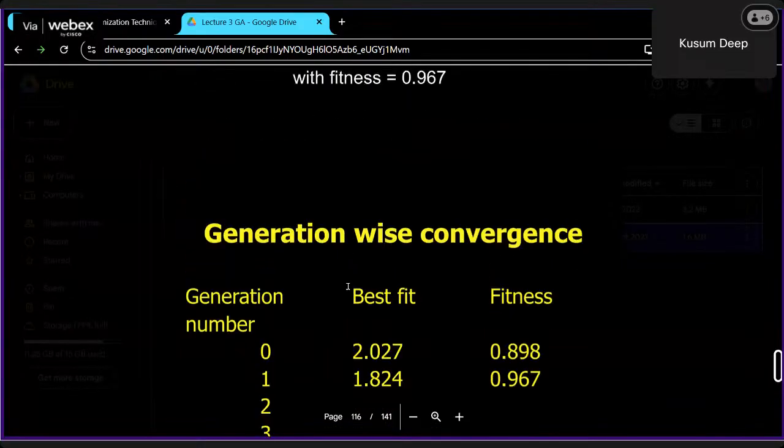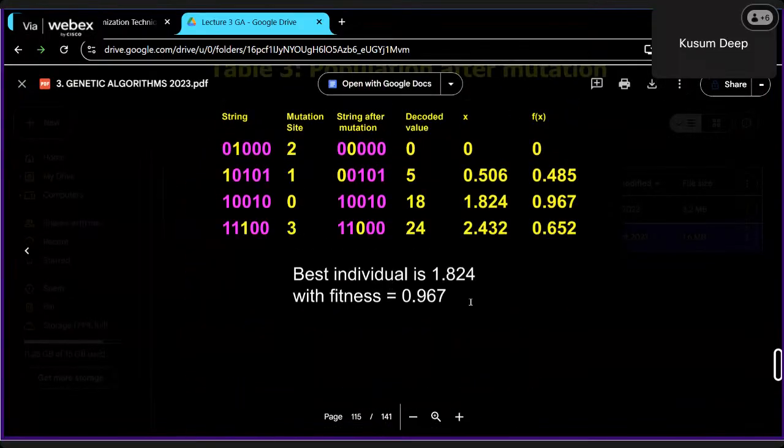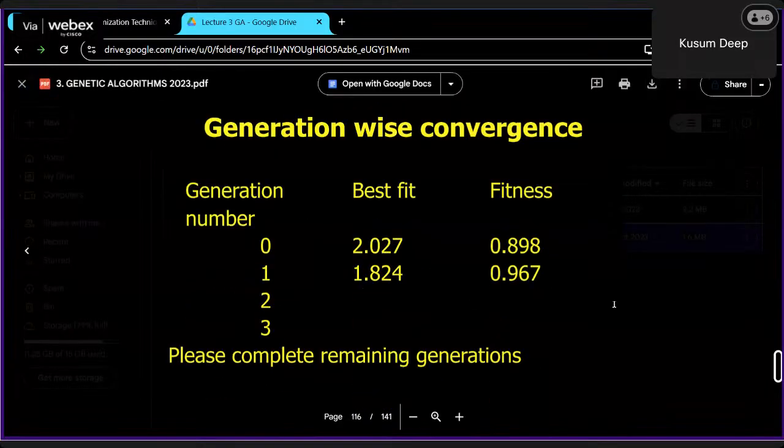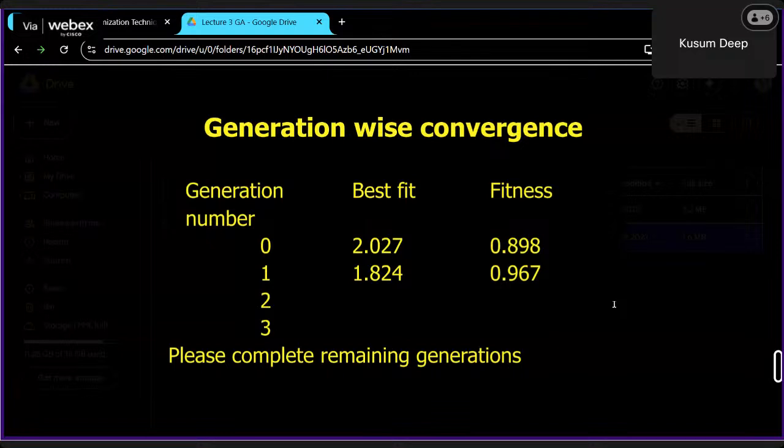Therefore, what we find is that the best individual has improved, which is shown in this generation-wise convergence. Suppose the generations are numbered 0, 1, 2, 3. The best fit and its corresponding fitness are shown.